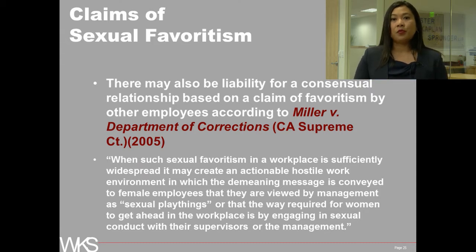Okay, what that means is that they prohibit romantic relationships, for instance, between a supervisor and a subordinate, so that, number one, there is no type of quid pro quo situation that could go on between those two individuals, but also from a broader perspective, they want to make sure that other third parties who are potentially reporting to that particular supervisor don't feel that there's some type of sexual favoritism going on because they are not engaged in that particular relationship with the supervisor, and that the individual whom the supervisor is dating is receiving some type of perk.